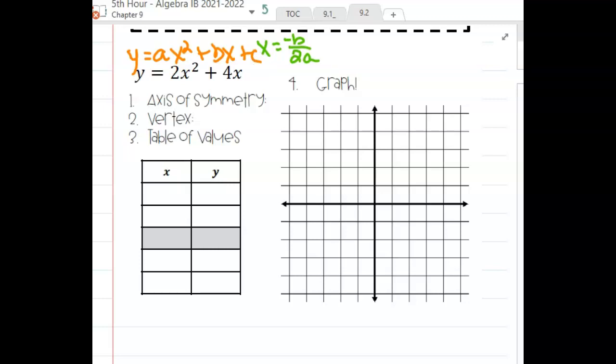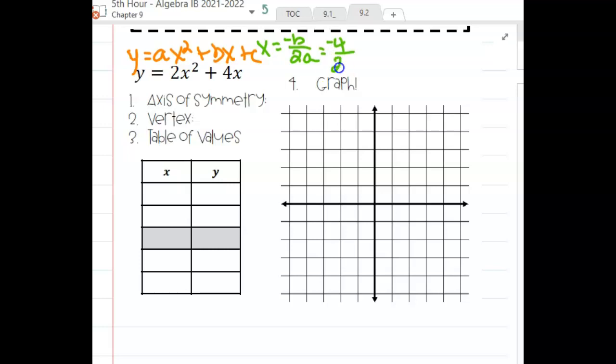So when I'm ready to plug in my numbers, I need the opposite of b, so I need my b first. To find the b, find your plain x. The number in front of it is your b. So for this problem, my b is 4. My formula says I need the opposite of b, so the opposite of 4 is negative 4.